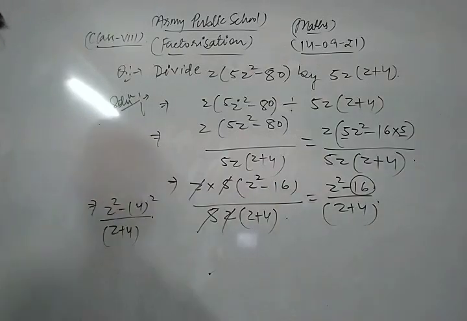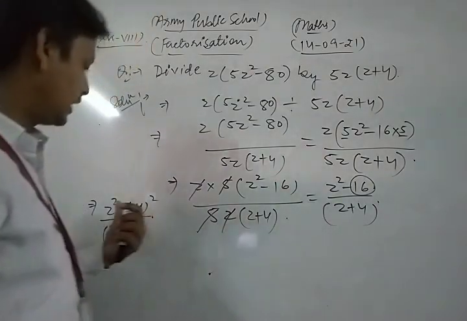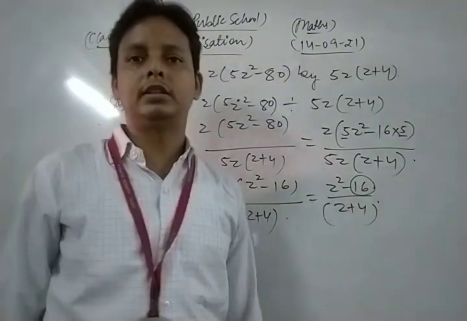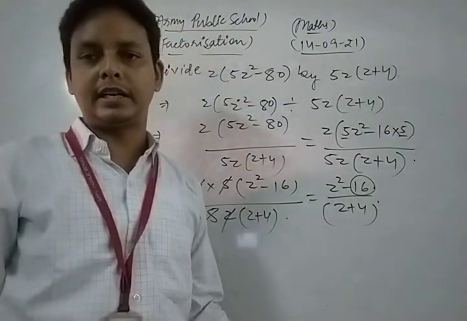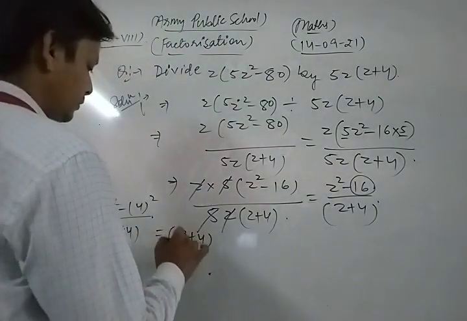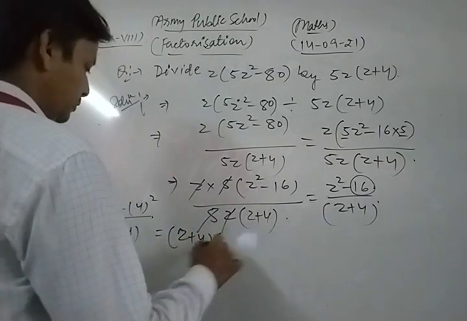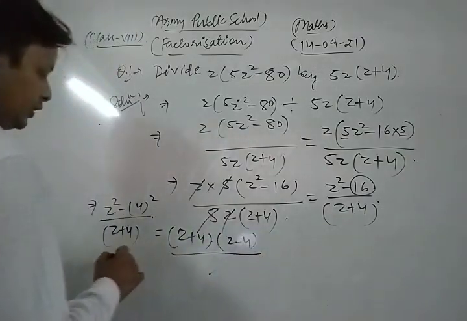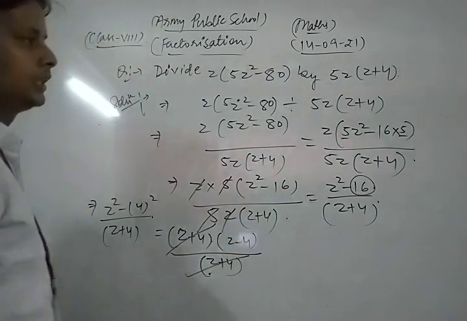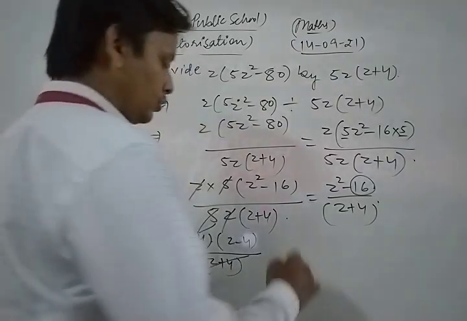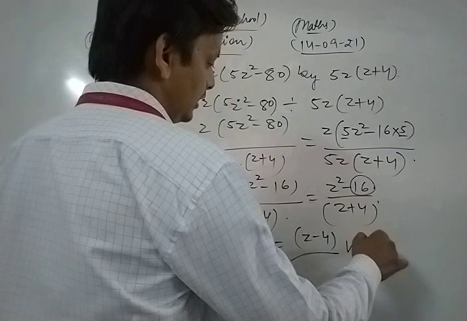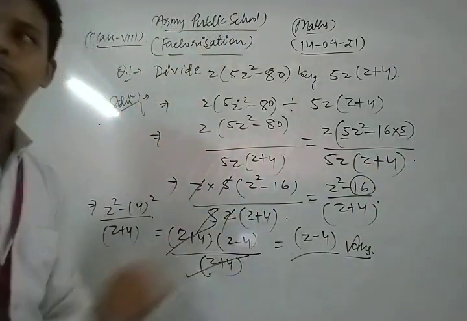So a square minus b square equals (a plus b) in one bracket and (a minus b) in another bracket, and in the denominator we write z plus 4. z plus 4 cancels, so we have only z minus 4.